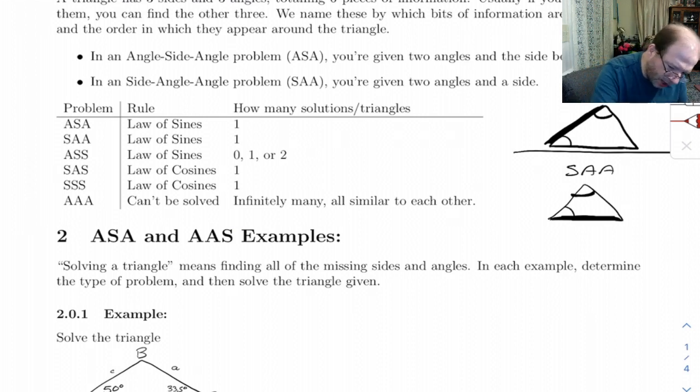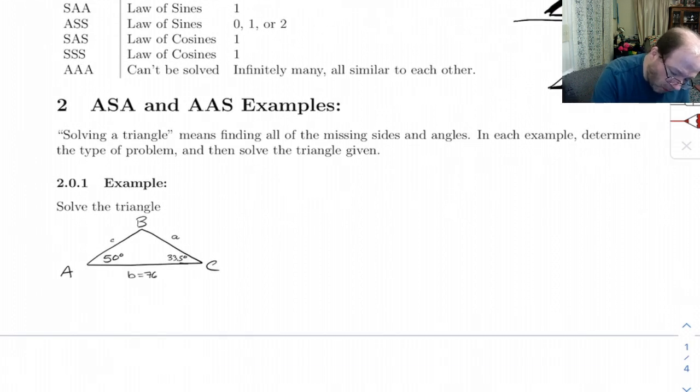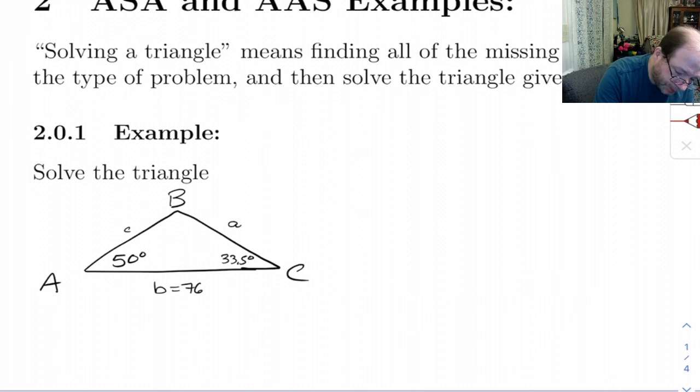There's not a whole lot to go wrong on these. Let's say we wanted to solve this triangle here. All right, so first up, we have to look at it and see if we have both an angle and the side opposite of it. And on this one, actually, we don't have any of those.